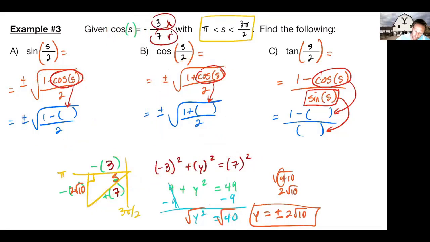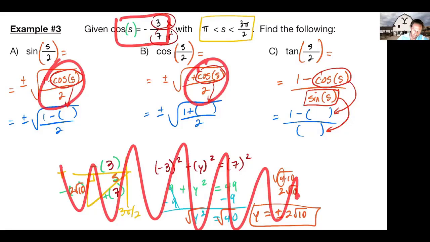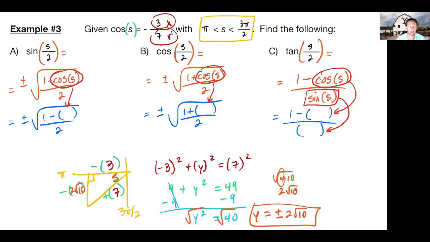But I did need it over here for that one, unless I would have chosen the other alternative form, which was tangent of S over 2 that had the square root on it. So you could have gotten away without doing any of this and just used what they gave us here for each one of these if you didn't want to use this one. Okay, your option, that's totally up to you.